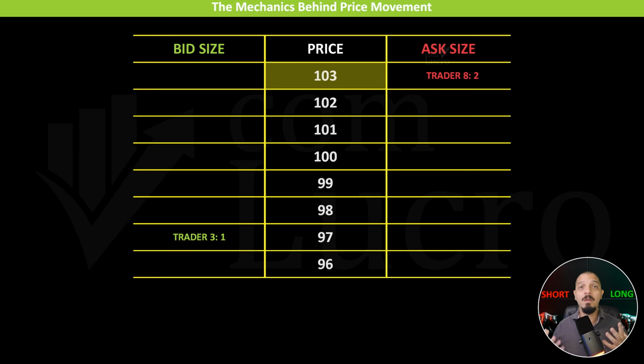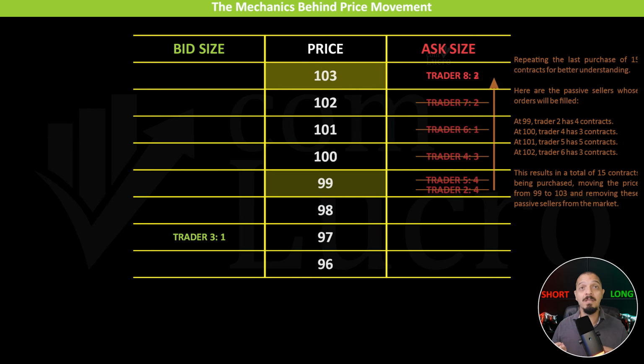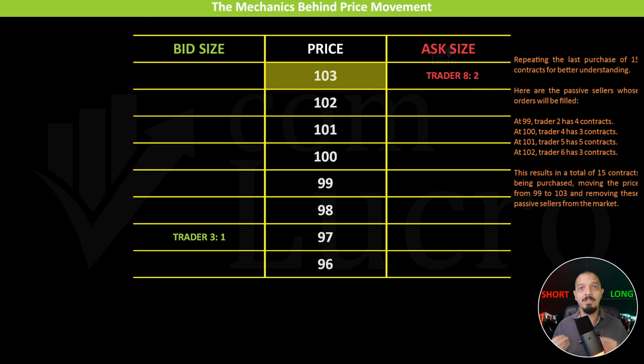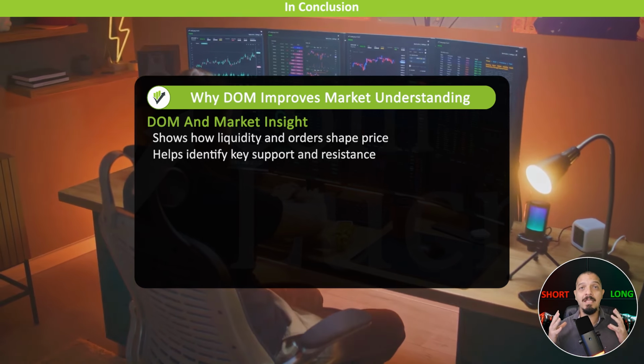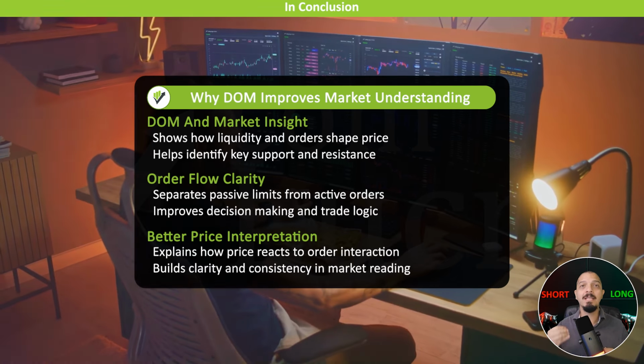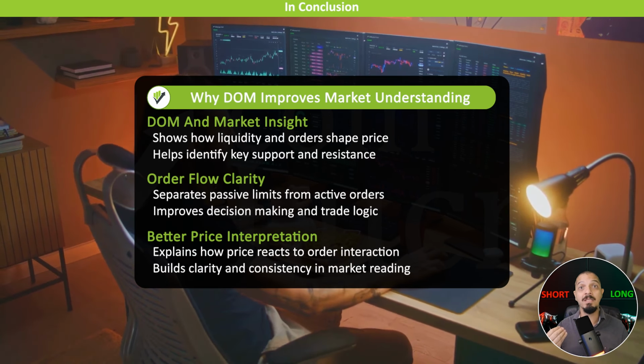However, the number of buy and sell orders is always equal. For example, in this last scenario, the price moved from 99 to 103 with 15 buy market orders and 15 sell limit orders.